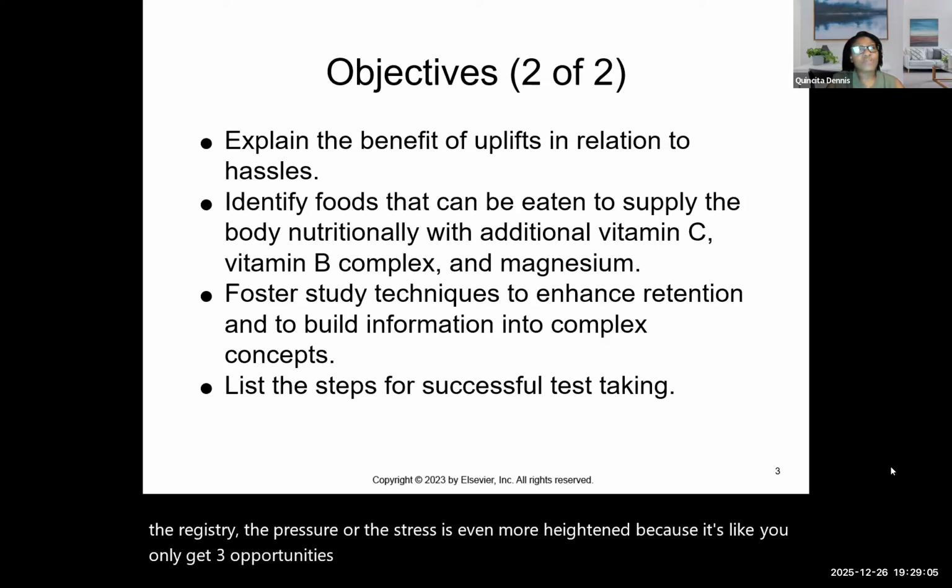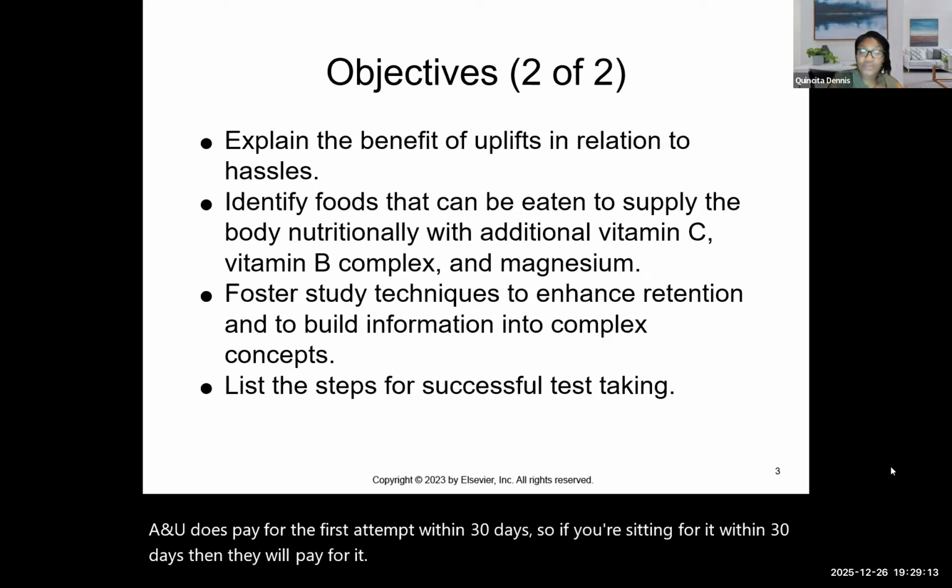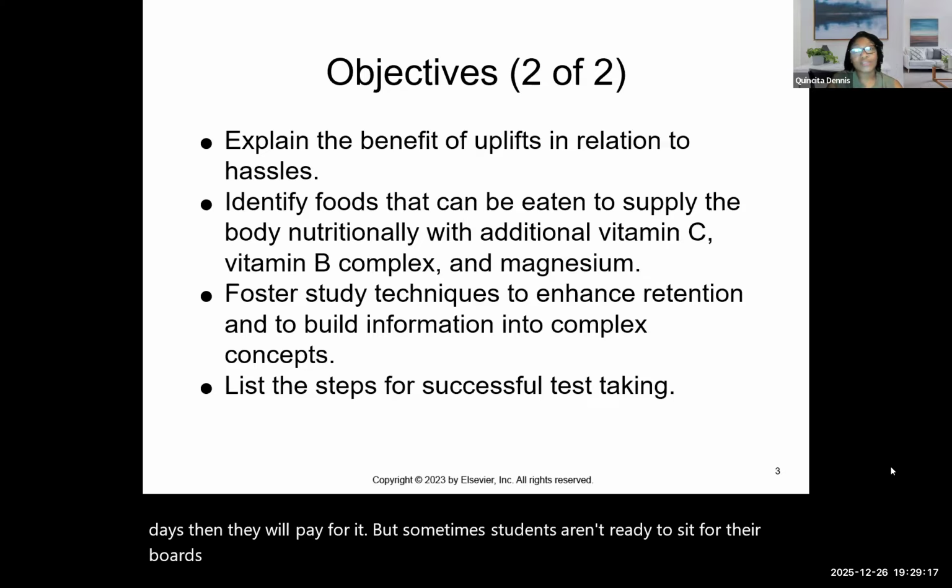ANU does pay for the first attempt within 30 days. So if you're sitting for it within 30 days, then they will pay for it. But sometimes students aren't ready to sit for their boards within the first 30 days. But that's when ANU will pay for it. So those are your objectives.